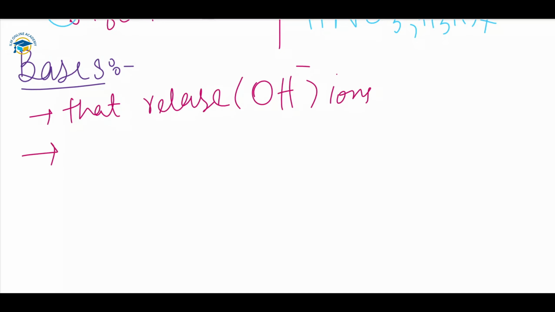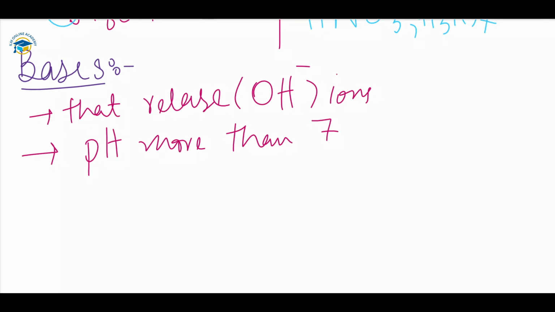They have a pH greater than 7, and the strongest base has a pH of 14, and the weakest base has a pH greater than 7, like 7.1, 7.2, 7.3 or up to 8. This is the pH of the weaker base.